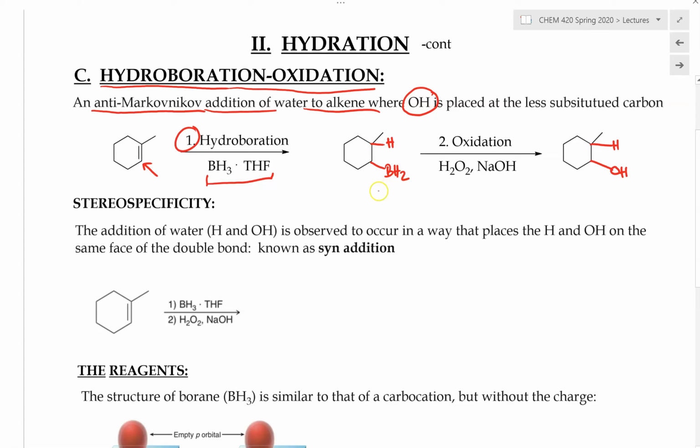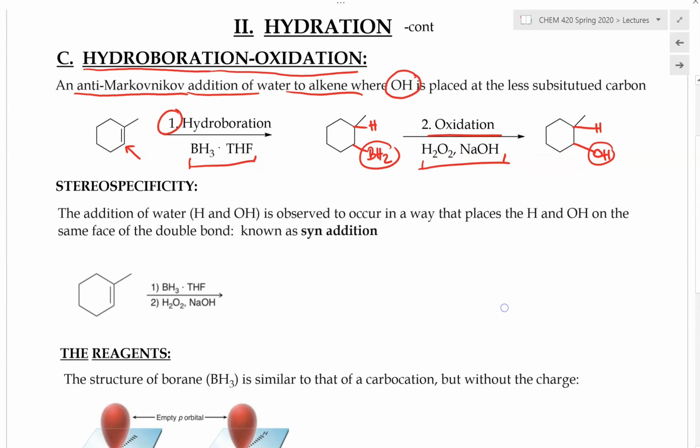And once we obtain this intermediate, we then follow with the oxidation step, where we use hydrogen peroxide in the presence of sodium hydroxide. That will convert this BH2 group into the OH group, and that's the product that we'll be getting toward the end. So again, it is a two-step method.